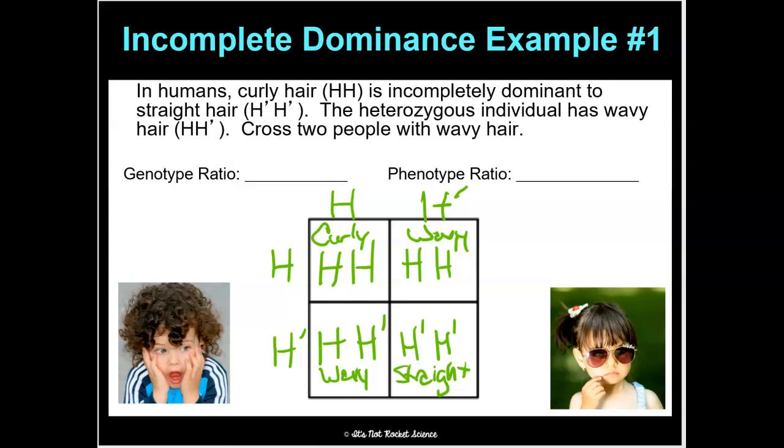So when I cross two heterozygotes for an incomplete dominant, I end up with a 1:2:1 genotype ratio, right? And then my phenotype ratio is also 1:2:1. So notice that with incomplete dominant traits, our genotype ratio and our phenotype ratio are exactly the same.